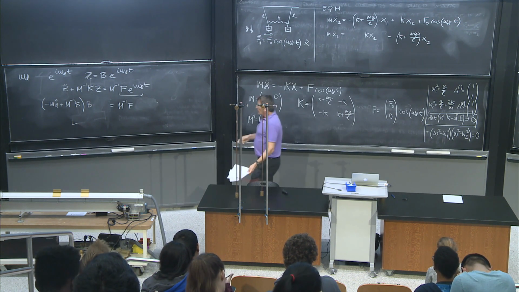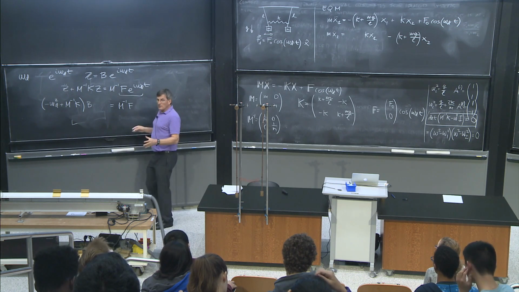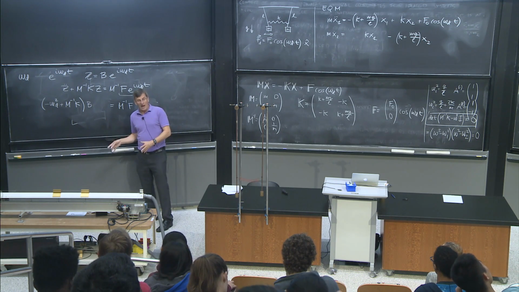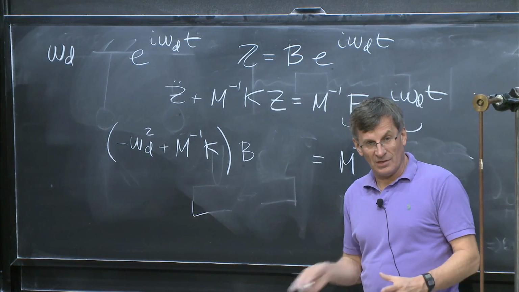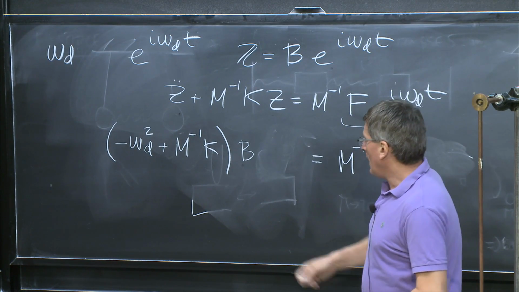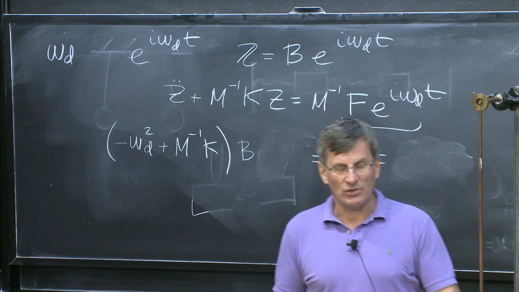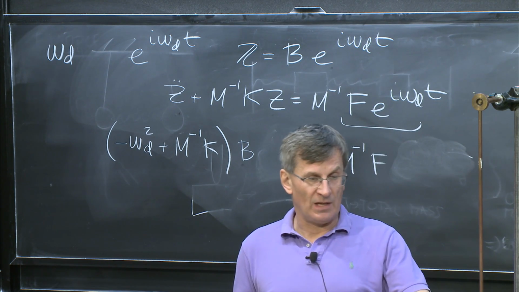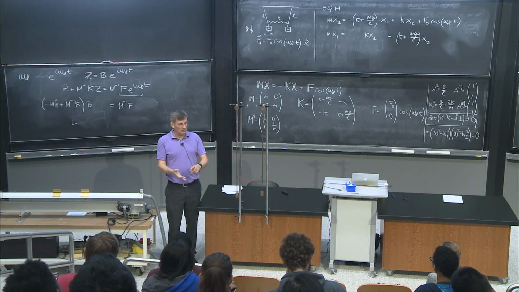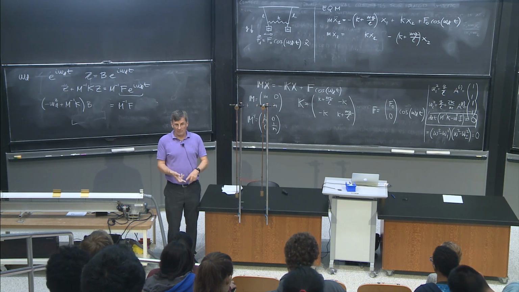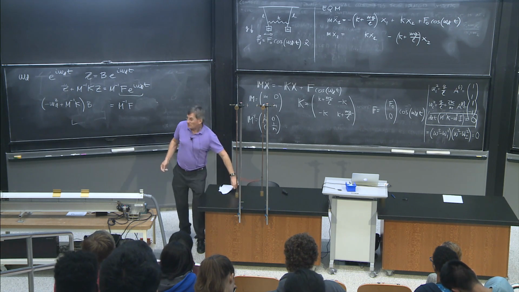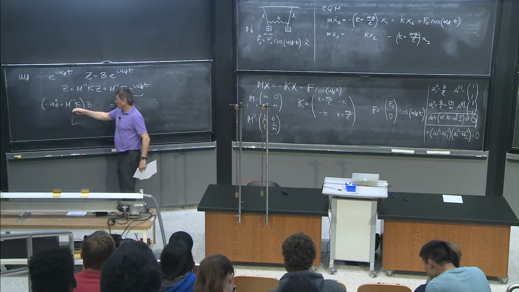Now let's see what is known and what is unknown in this equation. M inverse K carries information about the construction of the system, right? Strength of springs, masses, gravitational field, etc. So this is fixed, this is given.